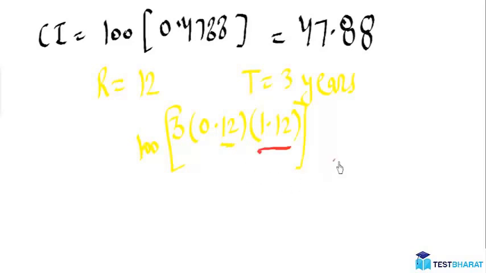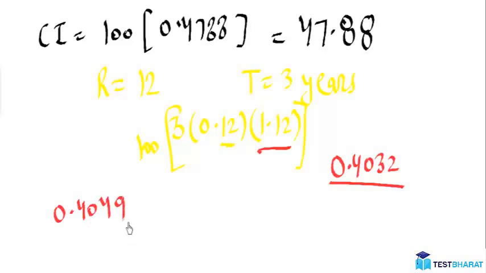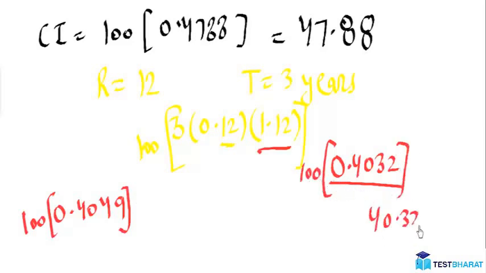That will save a lot of time. Let's say I work out this value and it comes out to be 0.4032, and the real value of 1.12 cube is 0.4049. So when I work this out taking 100 as my principal, I'll get 40.32 rupees here and 40.49 here.